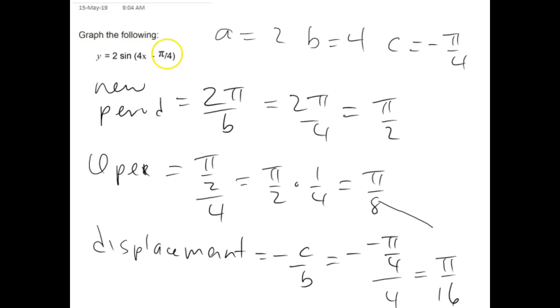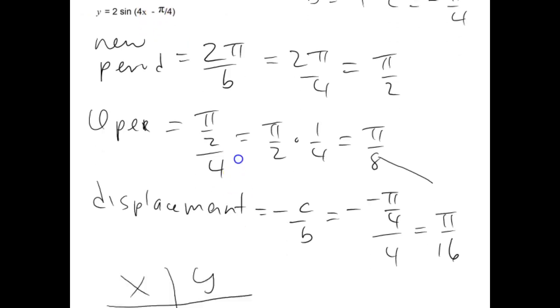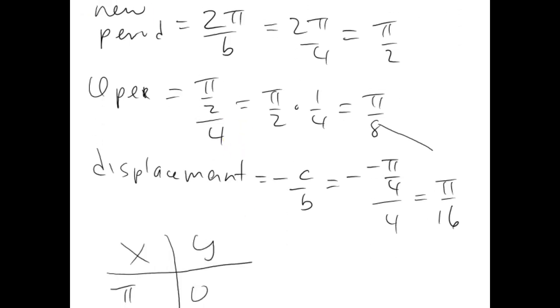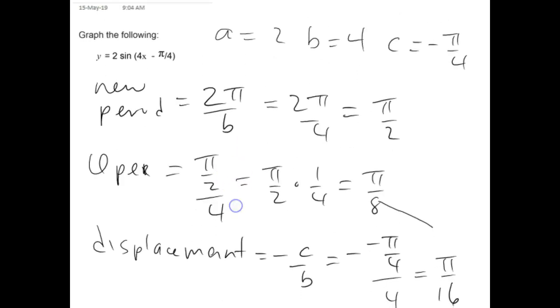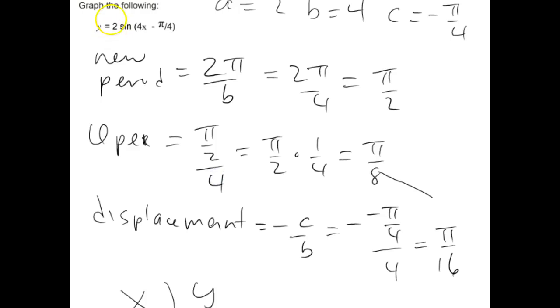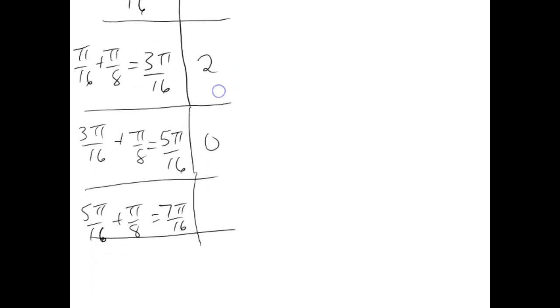Subtract pi over 4, and this breaks into 3 pi over 2, which in degrees terms is 270 degrees. So now we want to find sine of 270 degrees. Well, sine of 270 degrees is -1. Times it by 2, and you get an answer of -2.